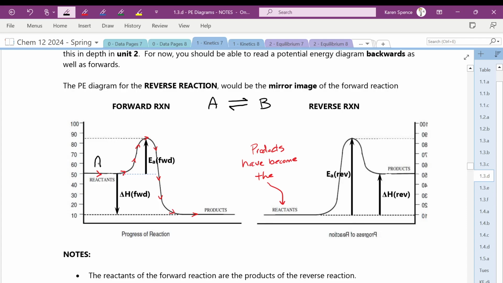My reactants would be A. For the forward reaction, my products would be B. And you'll notice I've got this new kind of arrow in there. It looks like two half arrows, one going forward, one going backward. That is what we call an equilibrium arrow. It means it does go both forward and backward.